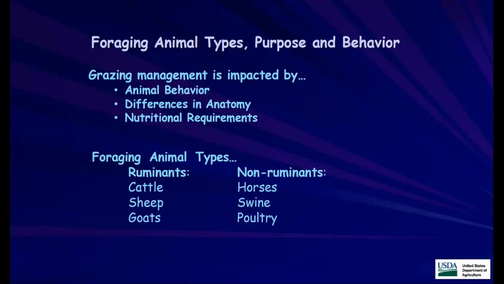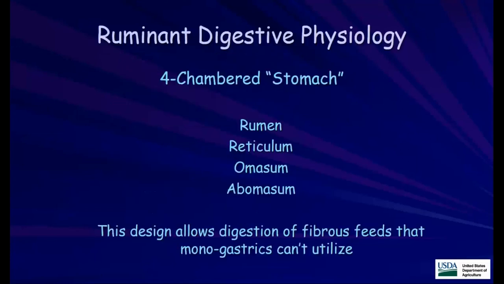And then species like llamas and alpacas are camelids. They're sort of a hybrid between the ruminants and the non-ruminants. And I'm not going to talk much about the camelids here, but if you are looking for information about them, most of our state grazing specialists have had some experience with alpacas and llamas.